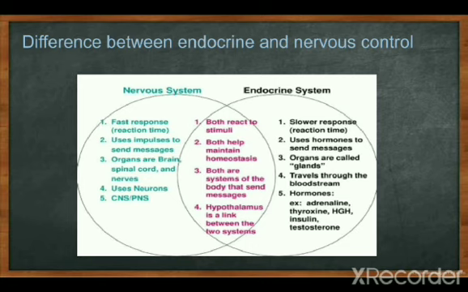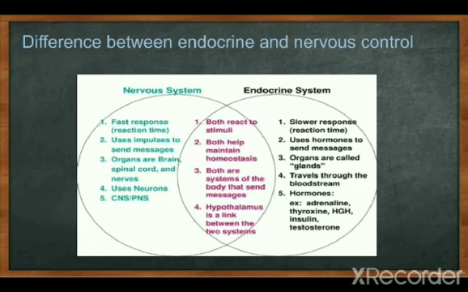Second, the nervous system uses impulses to send messages, but the endocrine system uses hormones to send messages. The organs in the nervous system are the brain, spinal cord and nerves, but in the endocrine system the organs are the glands.